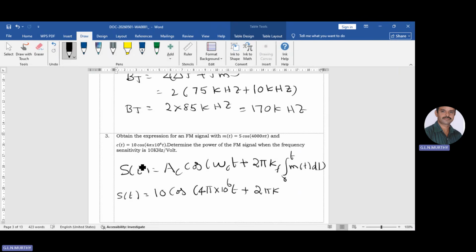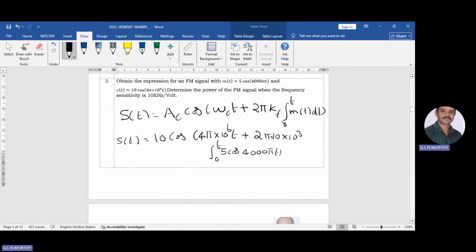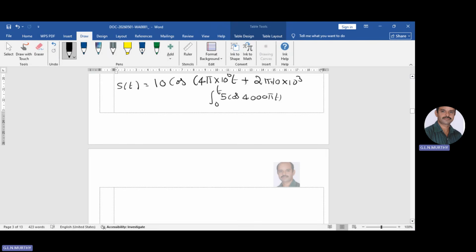He has given kf also, 10 into 10 power 3, the frequency sensitivity, into the integral 0 to t of the message signal 5 cos 4000 pi t. We have to always write the standard relevant equation first and then go on solving.